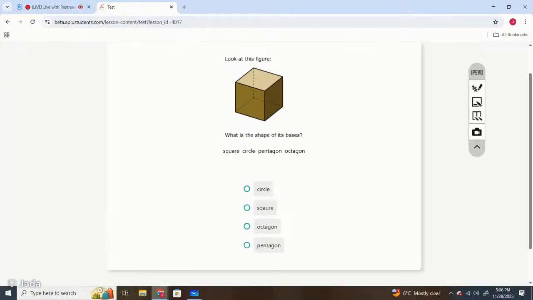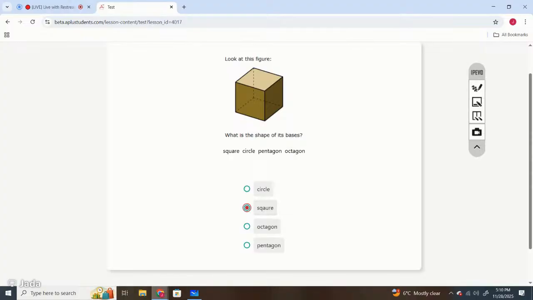Look at this figure. What is the shape of its bases? Yes, square it is.